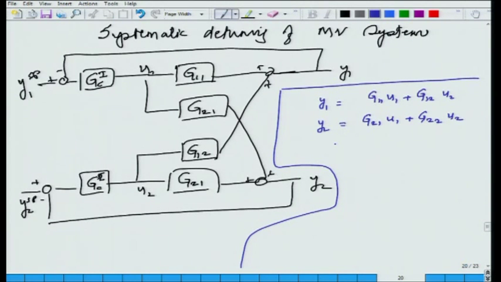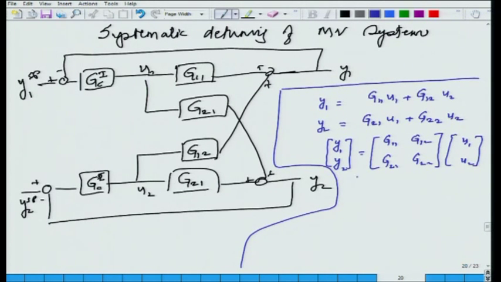In matrix form, I can write [Y1; Y2] is equal to [G11 G12; G21 G22] times [U1; U2]. This is a representation of the same equation where I am saying y vector is equal to GP, the matrix of process transfer functions, times U vector.